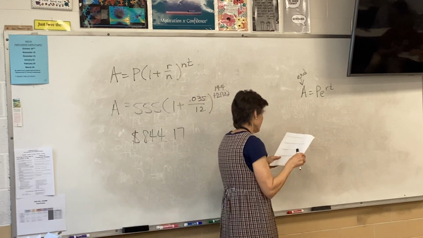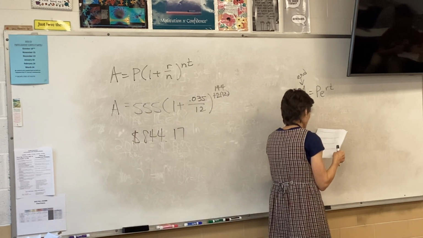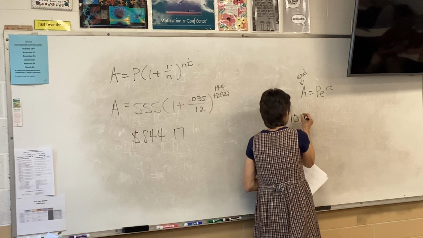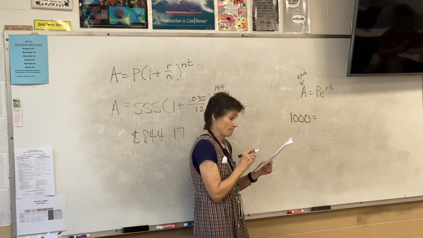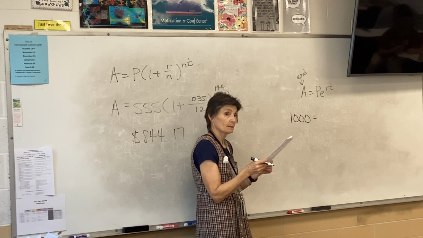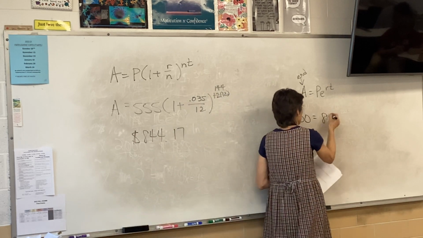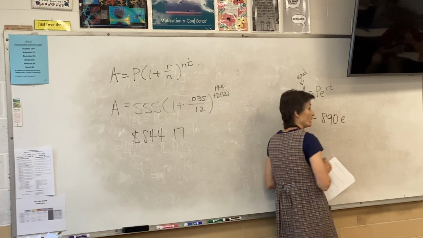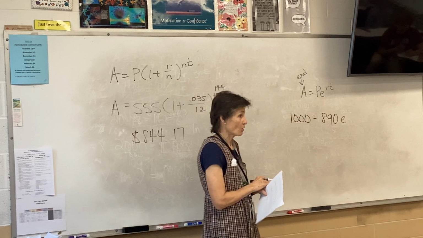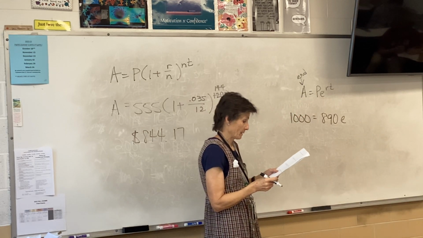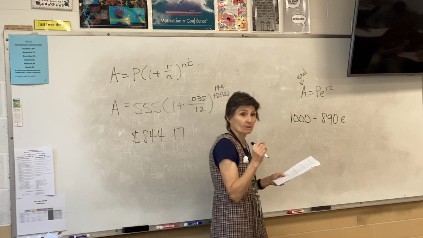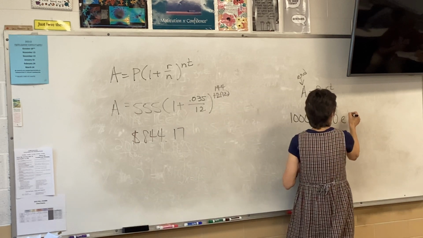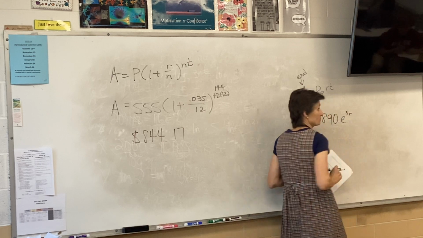What goes where? 1,000 is A, because that's what I want to end up with. 890 is P, because that's what I am starting with. Time is 3, and r is, I don't know.